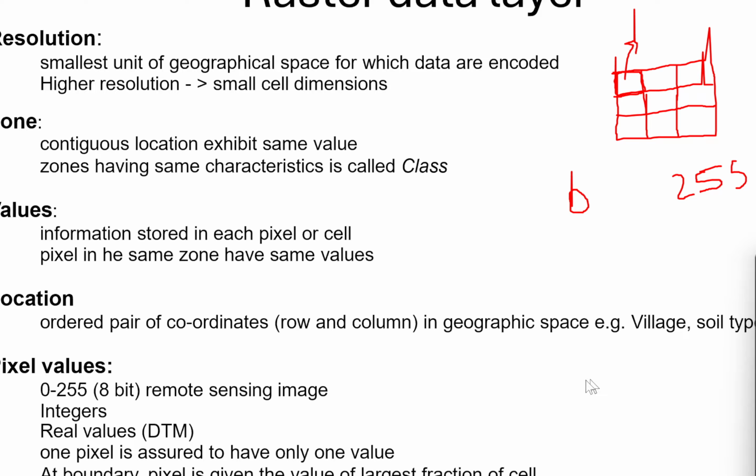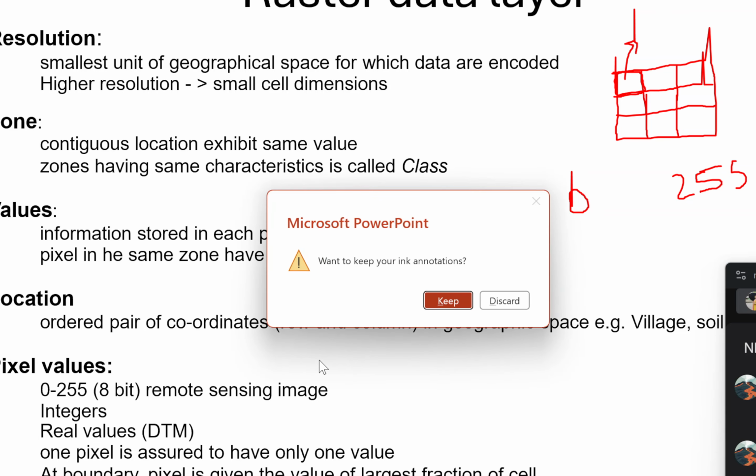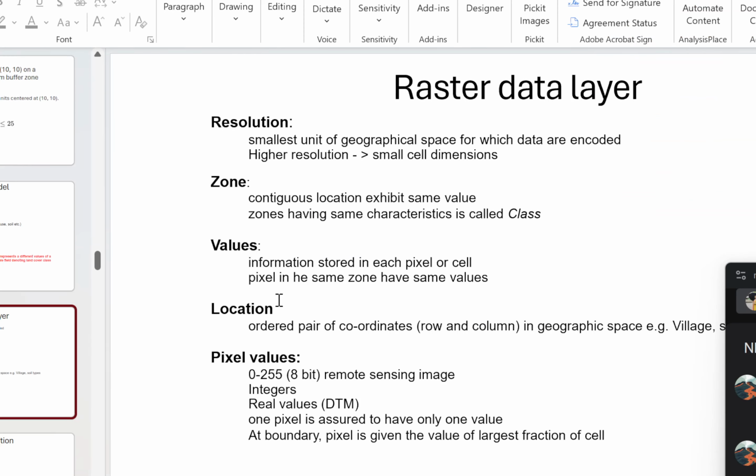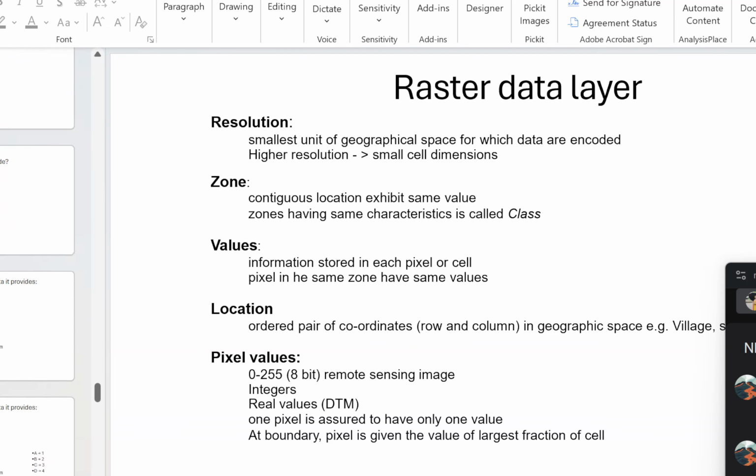Can you explain the pixel value again? Yeah, sure. So I'll try to see if I have any image for that so that it will be clear for you. Let me see.